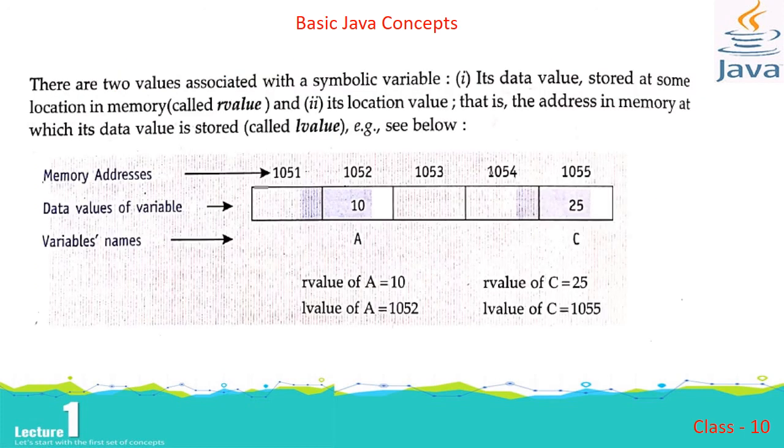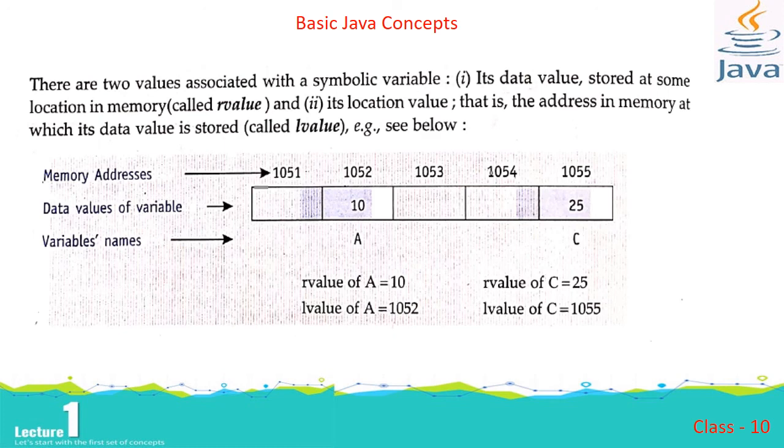Now there are two values associated with a symbolic variable: its data value stored at some location in the memory, called the R value, and its location value, that is the address in the memory at which that data value is stored, called the L value. That is, when we declare a variable of reference type, two things get associated with it: the R value and the L value.